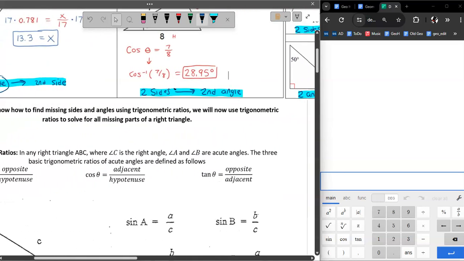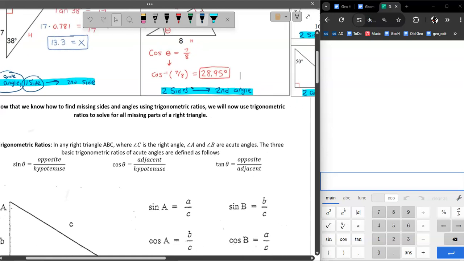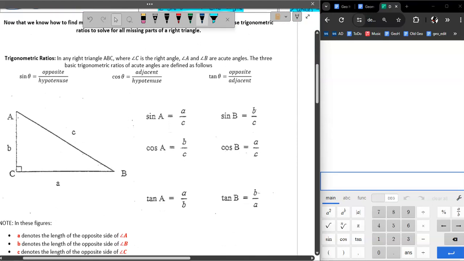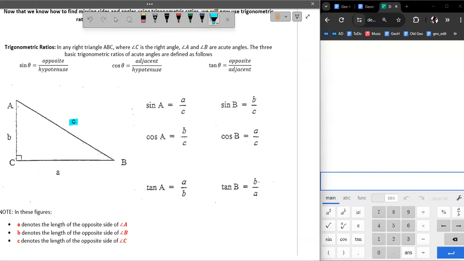In all of these, we're going to be given 3 parts of the triangle and we've got to find the other 3 parts. Now, one thing we need to look at here is there sometimes is a notation that we need to use when we look at these triangles. Oftentimes what we'll see are these lowercase letters that are denoting the lengths.